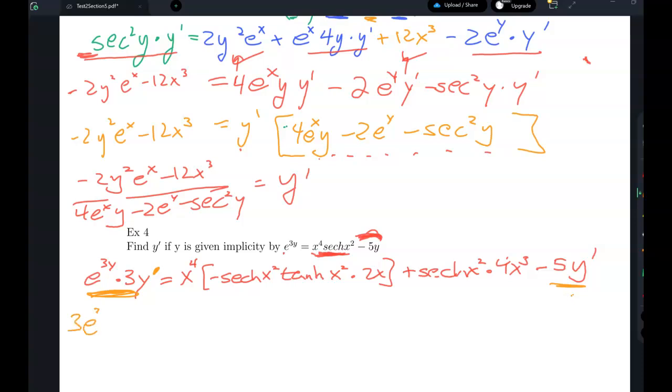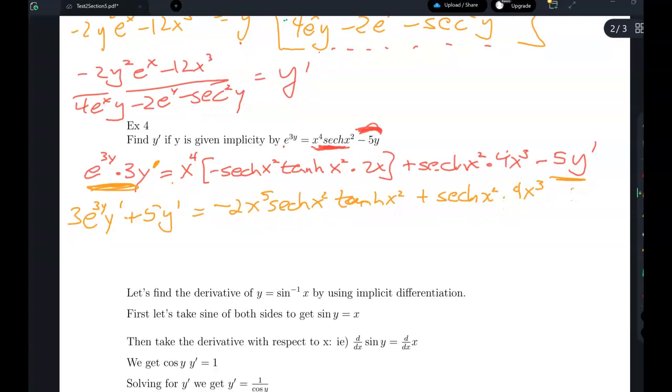So I have 3e to the 3y, y prime plus 5y prime equal, and I'm just going to multiply this out just because I can. So negative 2x to the 5th, hyperbolic secant, hyperbolic tangent, and then this is plus hyperbolic secant times 4x cubed.